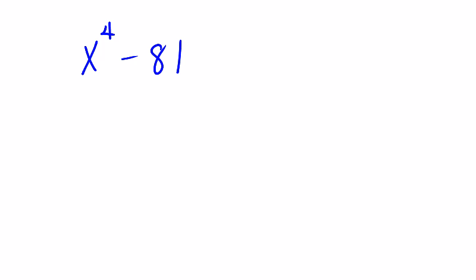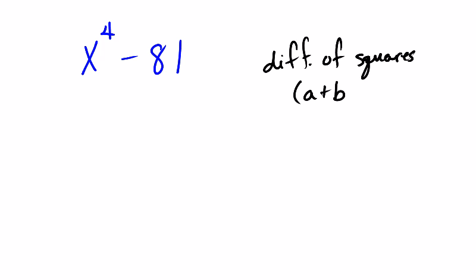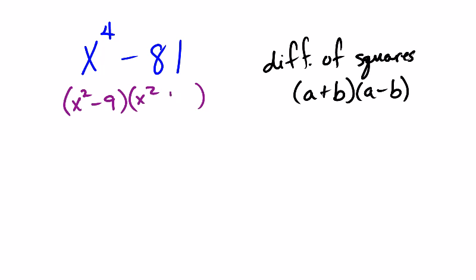It's actually difference of squares because they're perfect squares. And we said the formula is a plus b times a minus b. And so you say the square root of x to the fourth is x squared, and the square root of 81 is 9. So we go x squared minus 9, x squared plus 9.